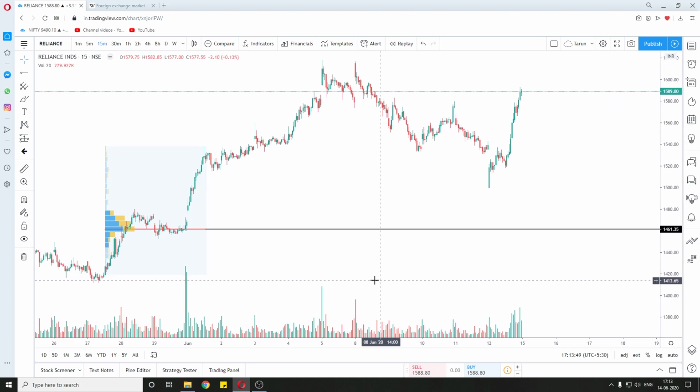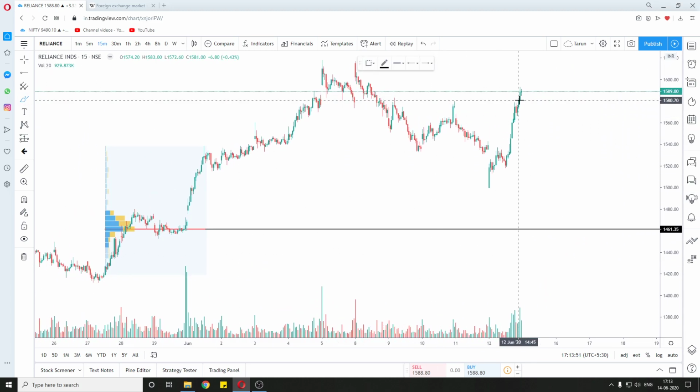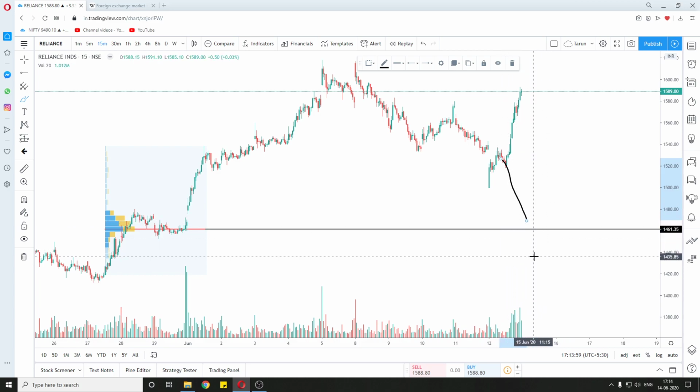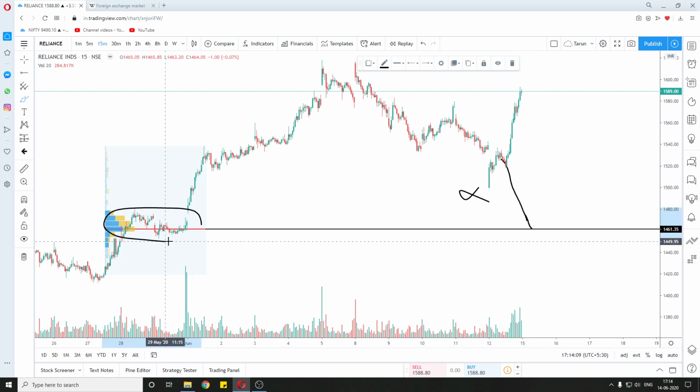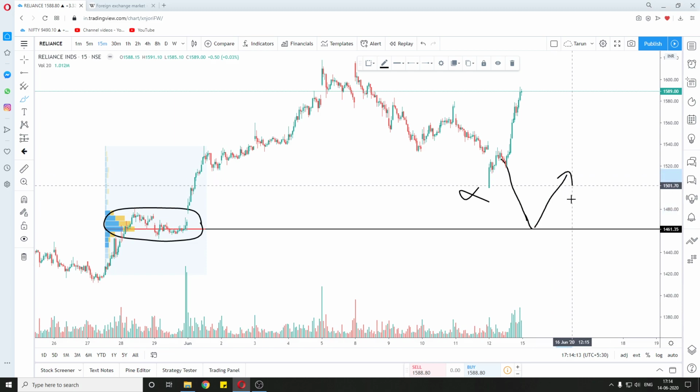Now if the price ever comes down, which I think Reliance will not, for example, the price just came down from this level. Now we put our buy orders at 1461 and we wait, and when the price comes and our order is filled, it is a good chance that the big players who built their positions in this area will defend their position and the price will go up.